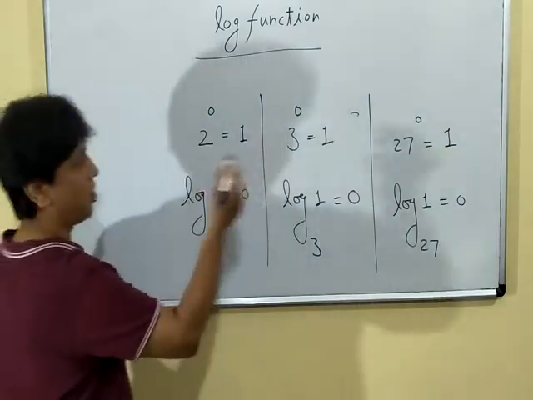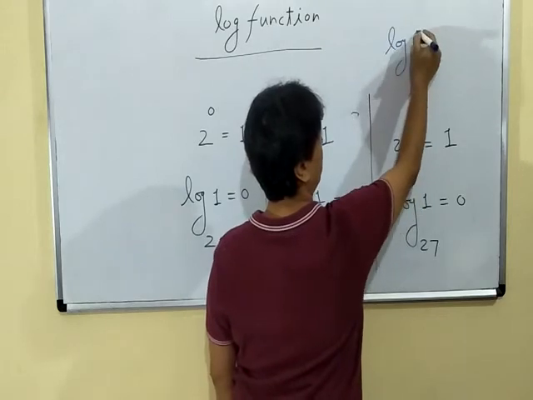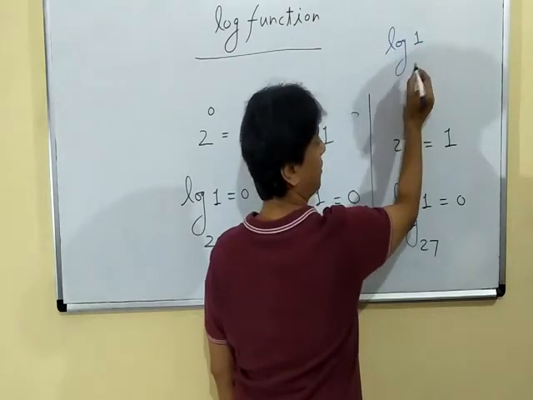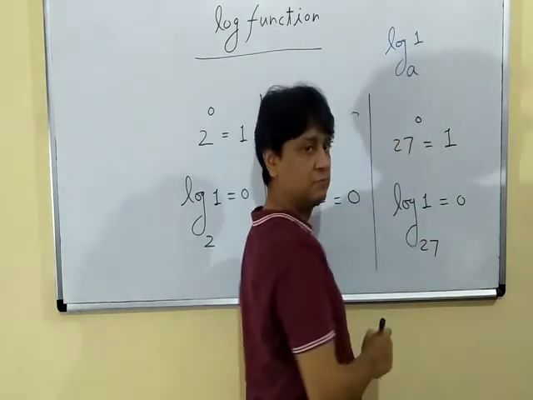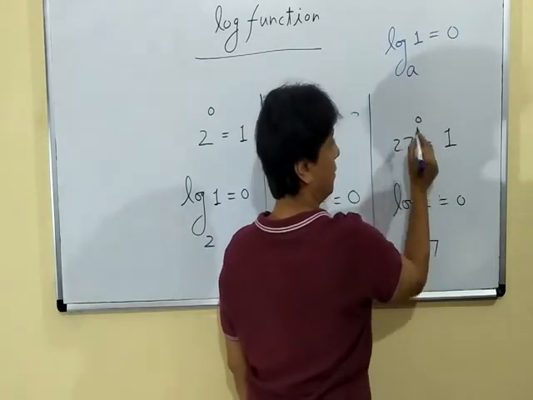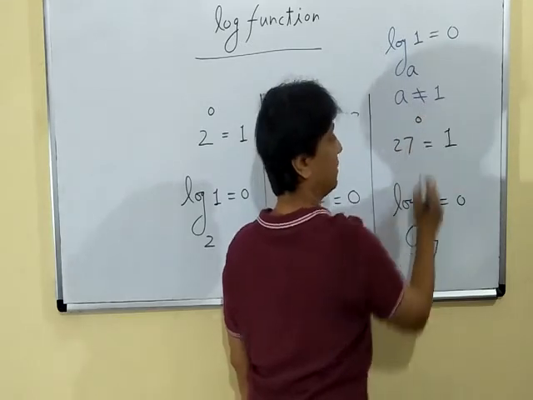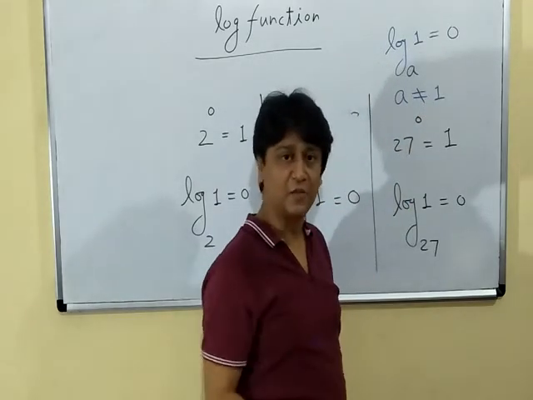This gives us a property. You can write a property like this, that log of 1 for any base A is what? 0. And remember that A is not 1. ये हमने पहले ही डिफाइन कर दिया.